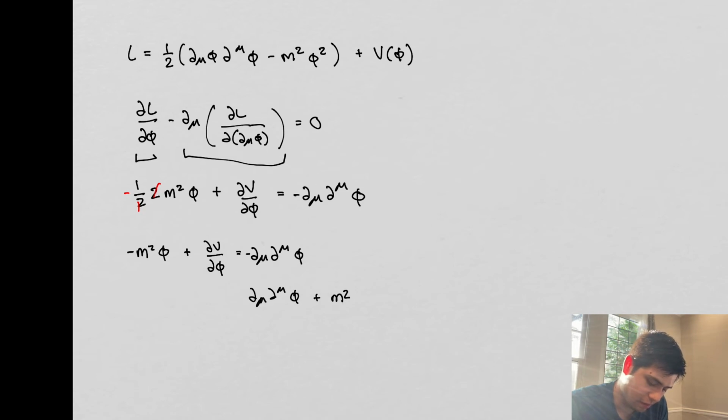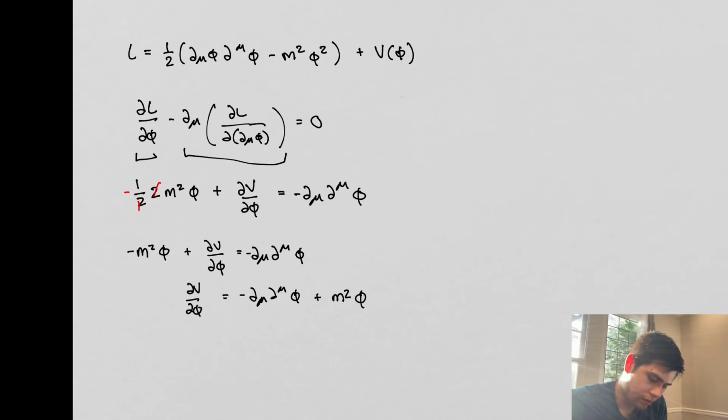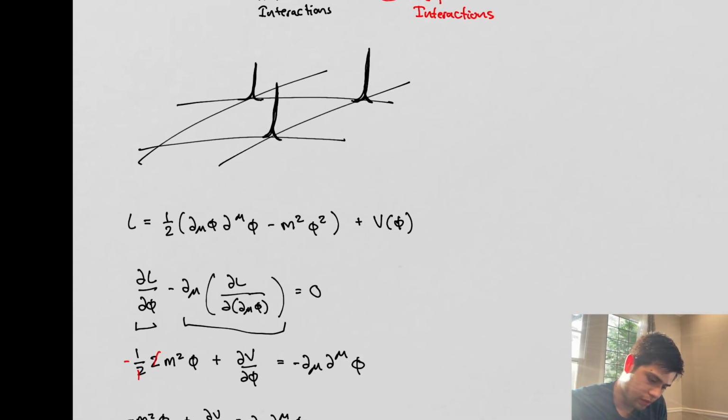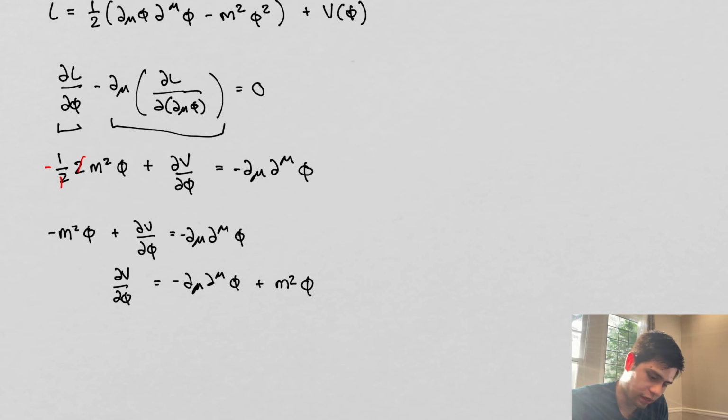This is a minus sign, times phi, and that equals d phi, like this. And then we could say that d mu phi minus m squared phi is equal to, we're just changing the signs, dV d phi.